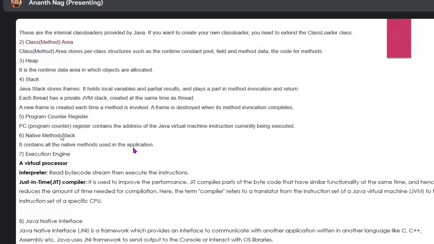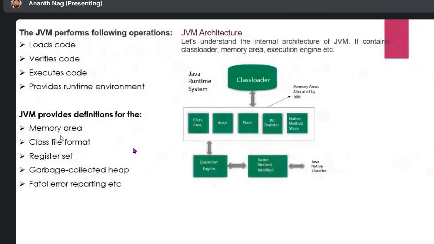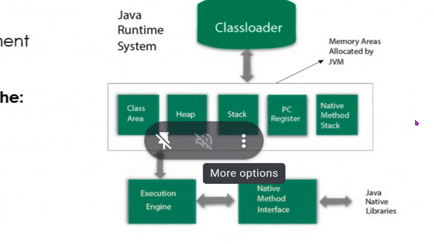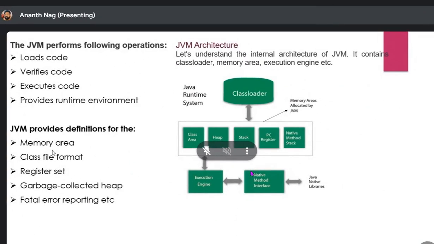Yeah, go back to the diagram again. See, you have this native method stack, and in the bottom you have the execution engine and the native method interface. The class area, heap, and stack are used by all the methods and objects which are created by your application.